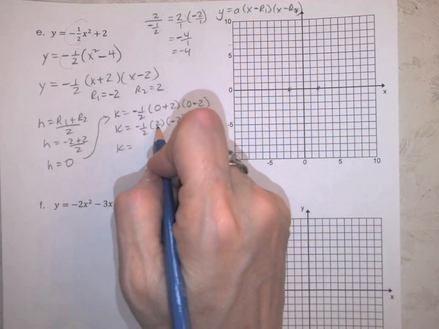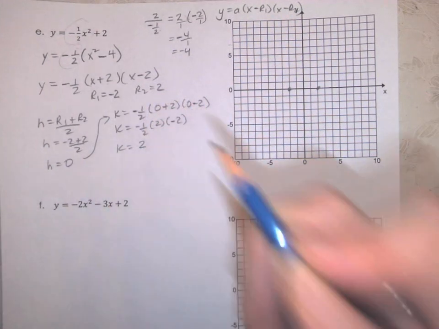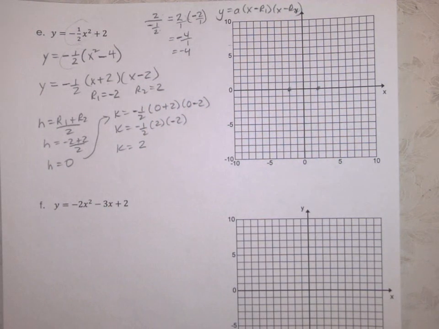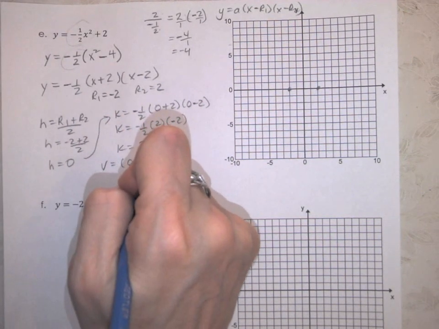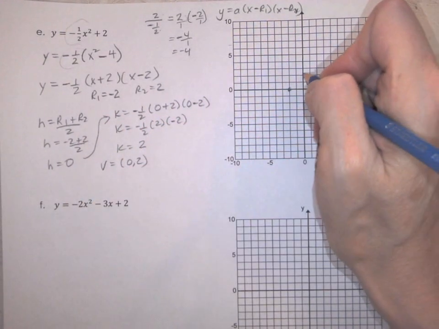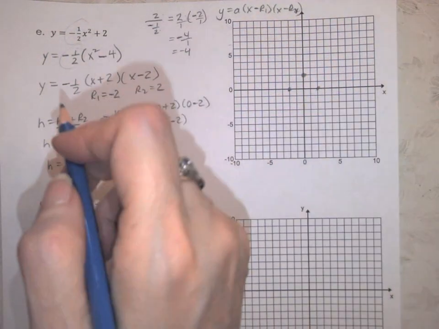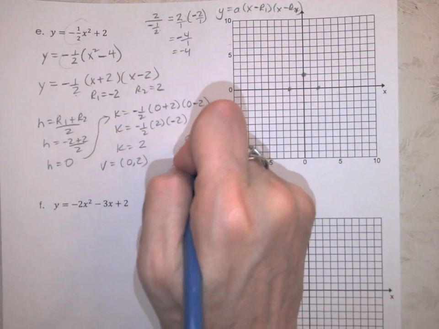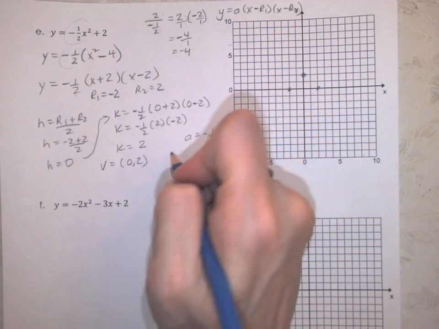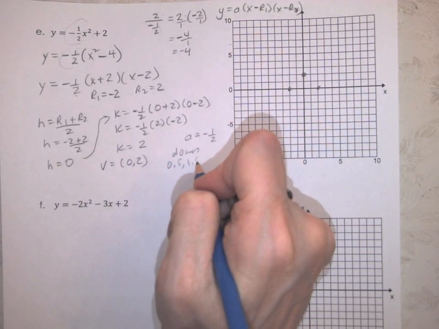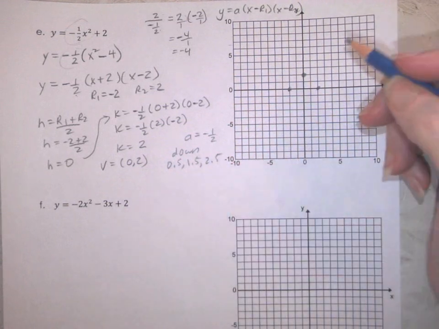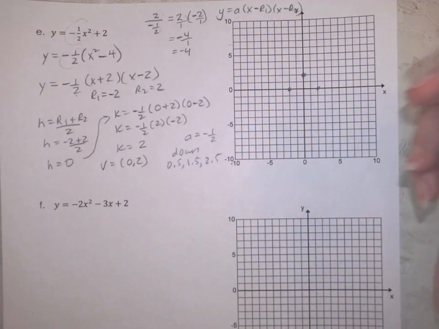And that's going to be +2. So our vertex is going to be at (0, 2). And then our step number, a, is -1/2, which means down 0.5, 1.5, 2.5, which makes sense with where our intercepts and vertex are.